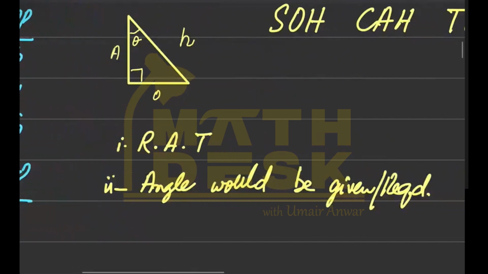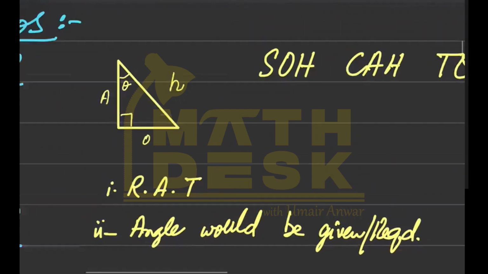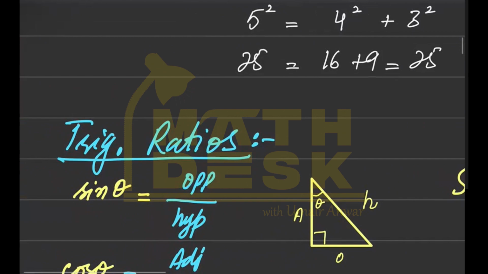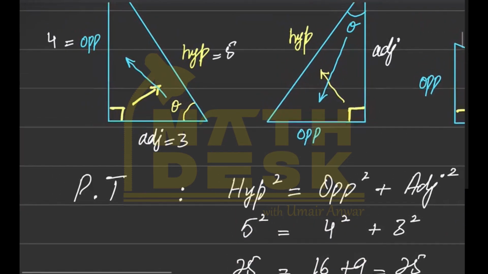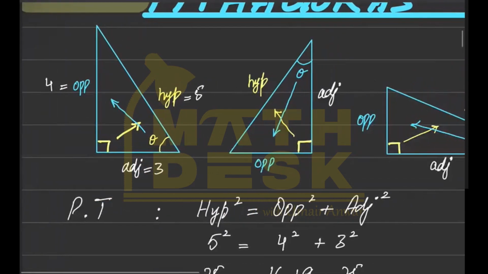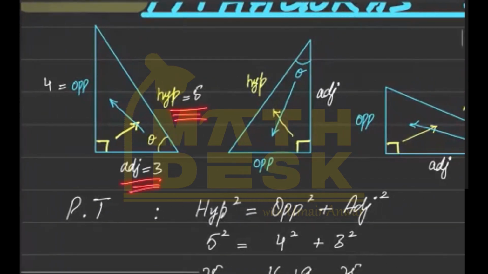And if we are required to find out the value for some angle and we are given the length of, for example, two sides, then again the trigonometric ratios would be involved. Trigonometric ratios are not involved if the angle does not involve in any right angle triangle. For example, we are given the length of two sides and we have to find out the length of the third side and no angle is involved.